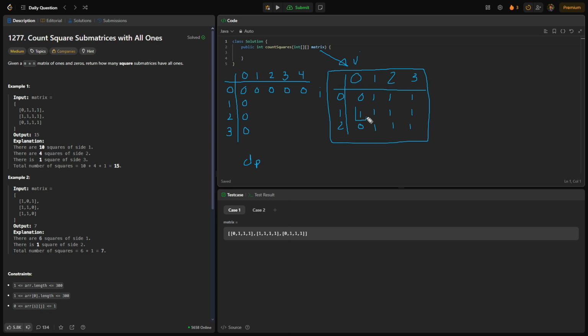Let's move here. So I would move down here, right? This is i of j. And we're going to check, okay, does i of j equal 1? It does. Now we're going to treat this as a bottom right corner. The reason I filled this in with 0 is because this is a 0. But we're going to treat this like a bottom right corner.